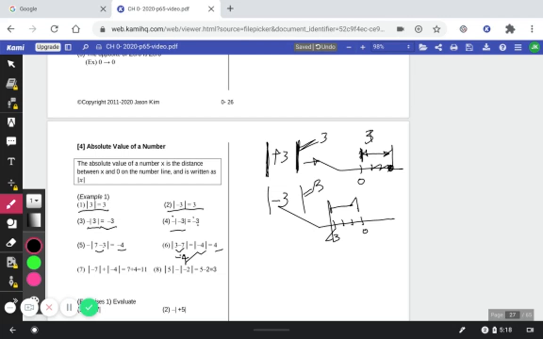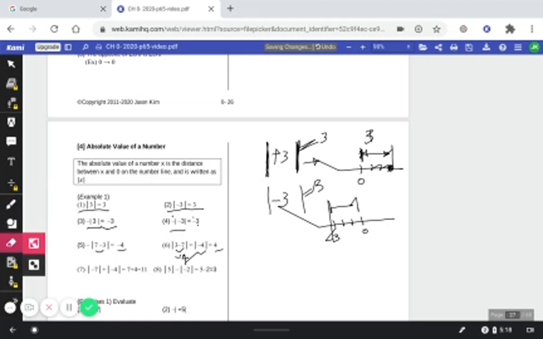Now, number 7, the absolute value of negative 7 plus the absolute value of negative 4. So you have to do each absolute value operation individually. The absolute value of negative 7 is 7, plus the absolute value of negative 4 is 4.